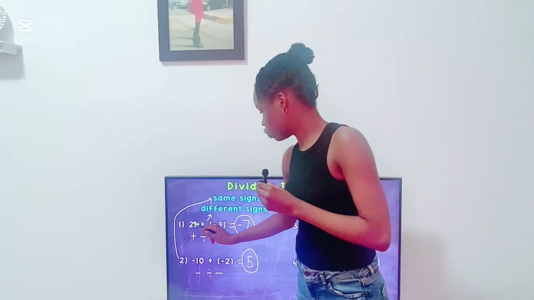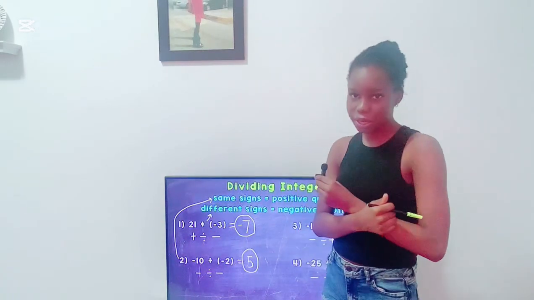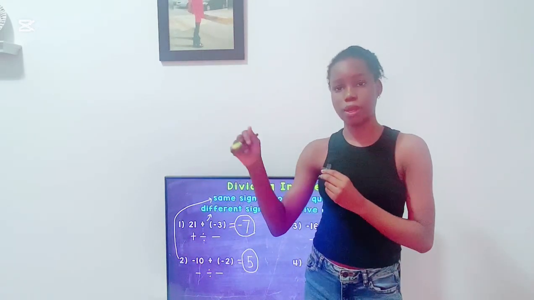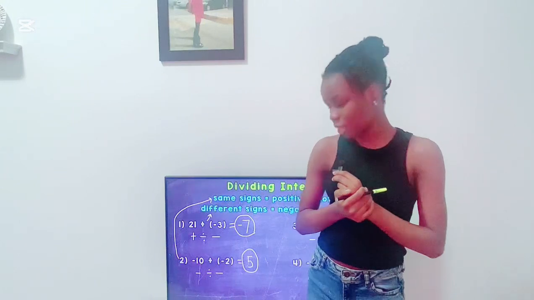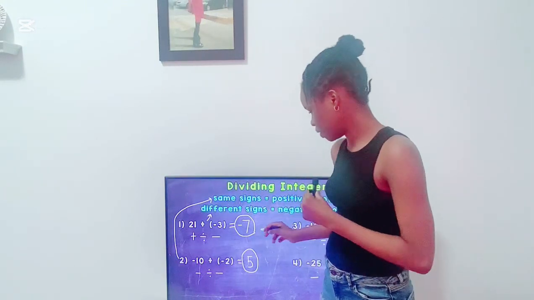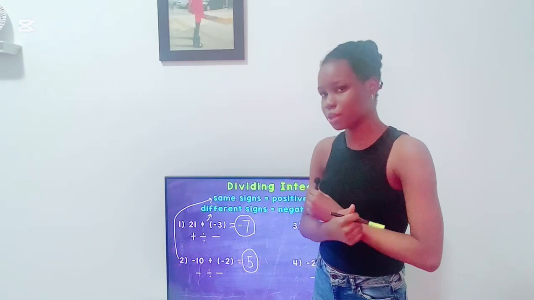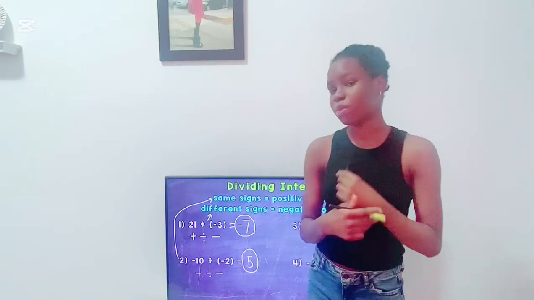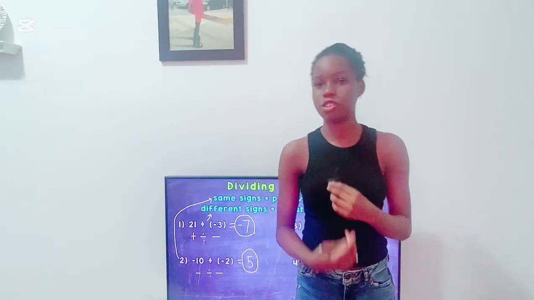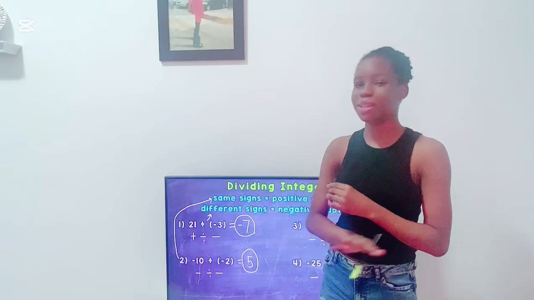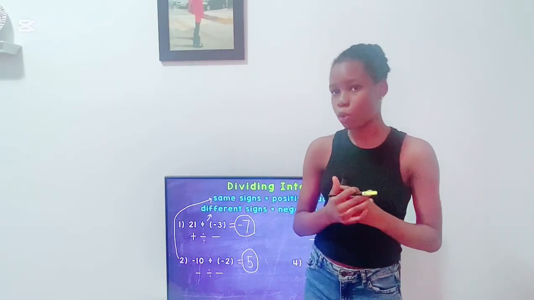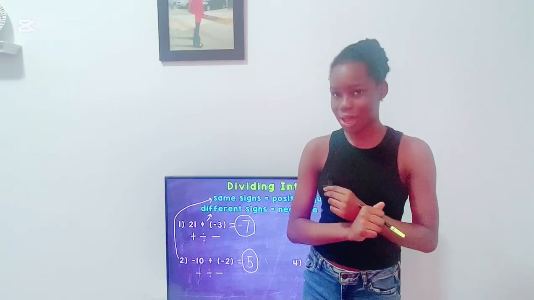If we do 21 divided by 3, that would be 7, without a remainder basically. So we're going to write 7, but are we done yet? Remember, when we are talking about integers, we don't just solve and leave it like that. We must always pay attention to the signs.